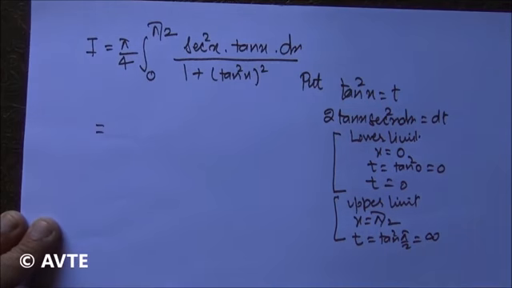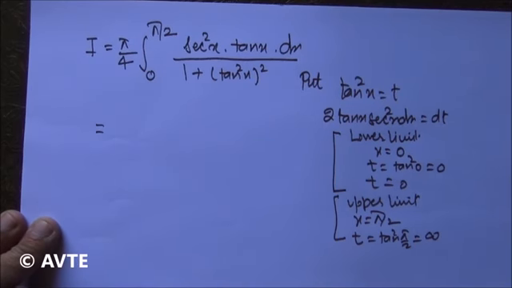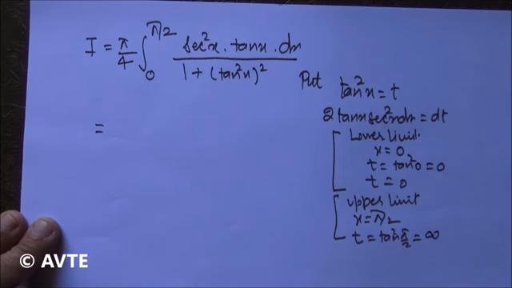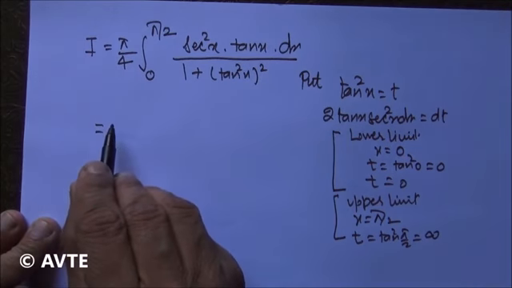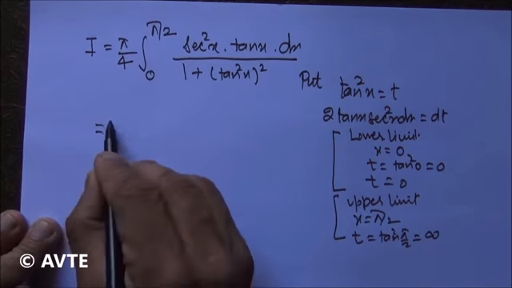Because sometimes limits, the upper limit and lower limit, can also be taken into open interval. Otherwise you could ask a question that infinity is not a real number, so why are we taking infinity as the upper limit? So as I said, infinity can also be taken into open interval. So that is possible in case of limits of definite integration.